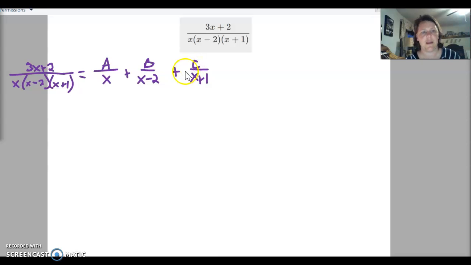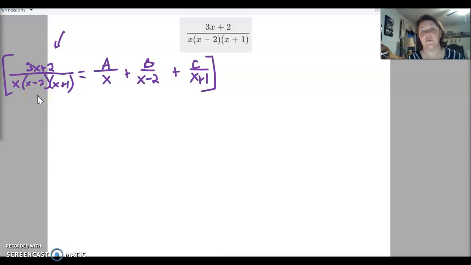If you remember when we worked with these fractions with functions in the numerator and denominator, rational functions, because there are functions within a fraction, we multiplied both sides of the equation by the least common denominator.